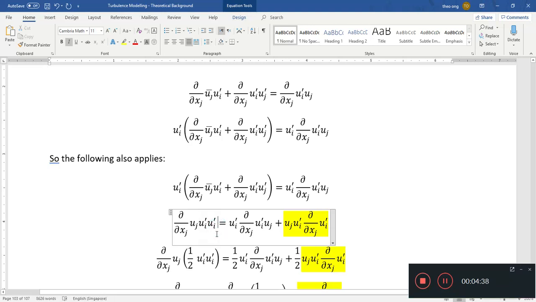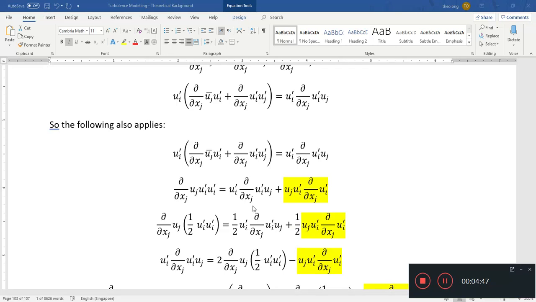So one of the things is that we can try to bring ui prime out. Okay, we can bring the ui prime out, and del by del xj, ui prime uj. So this is this term here.